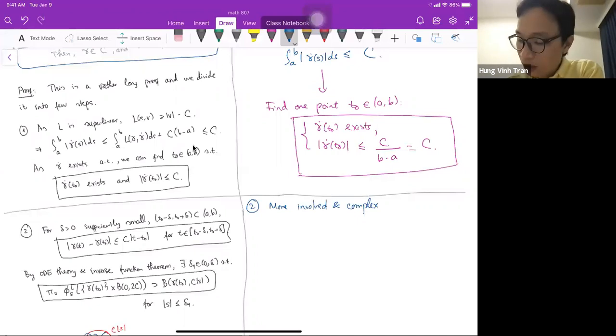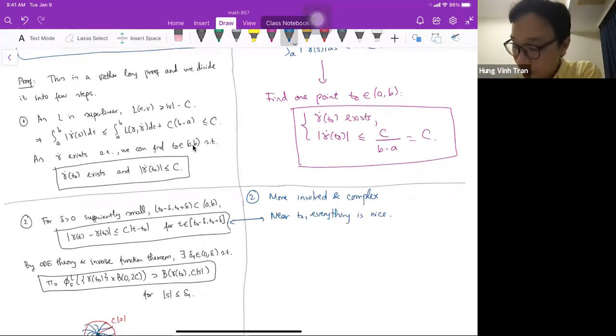So the first thing is that you want to show that near t naught everything is nice, and this is not too hard to show. What we are using here is just the fact that the integral, you have the integral, how should I put it?